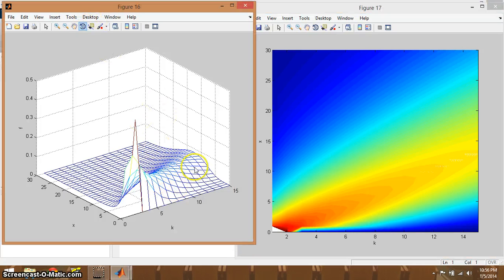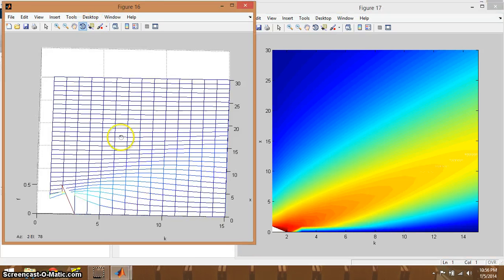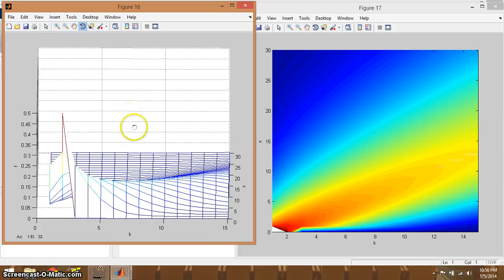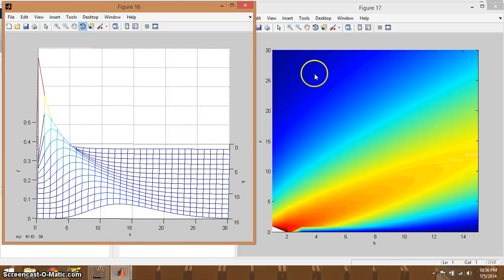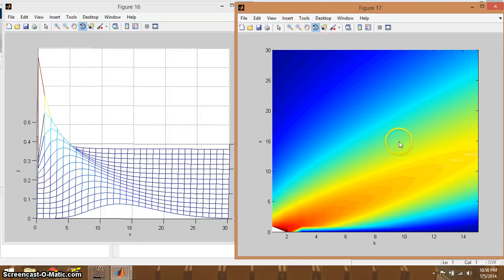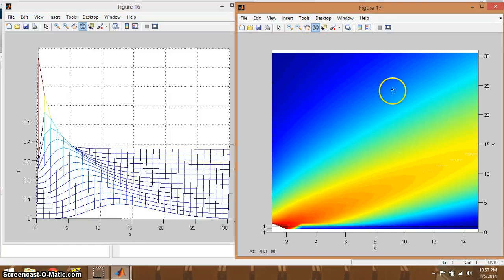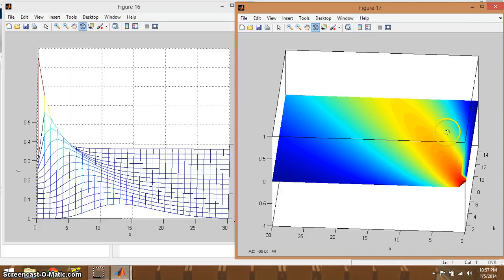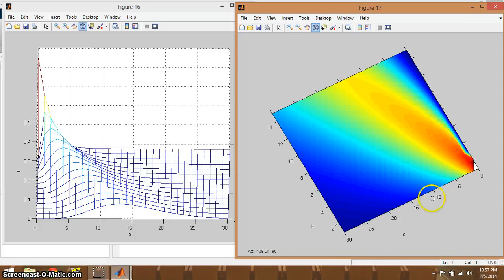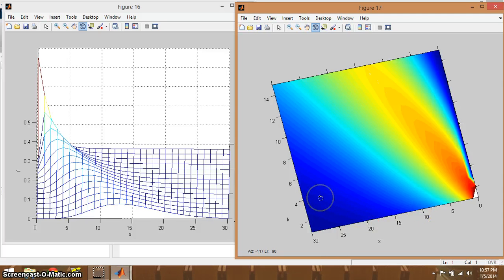Okay, on the left it's the surface plot. I'm rotating it. Let me rotate the right plot, then I'll explain what you're looking at. Could never figure out how to rotate these graphs the way I wanted them to.